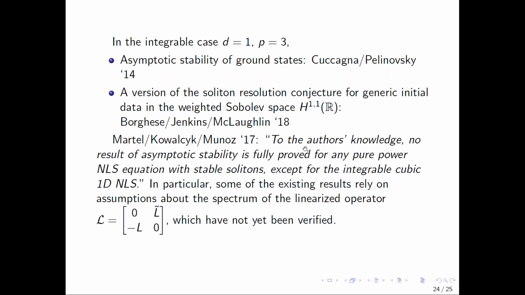Bernard would be an expert on this because he looks at these kinds of linearized operators in the periodic case. Anyway, it's very difficult to get results about the spectrum of this operator, and that's why asymptotic stability remains open in most cases.